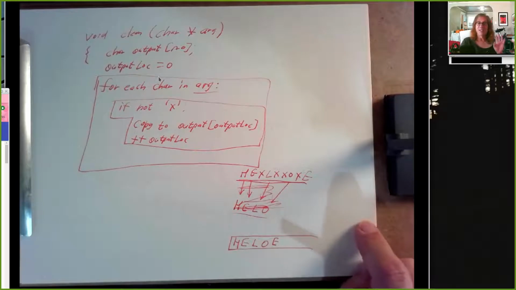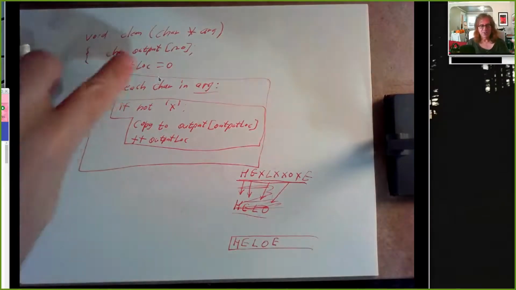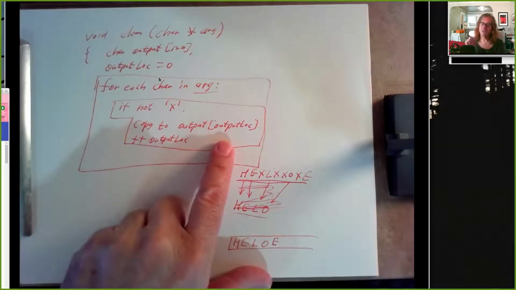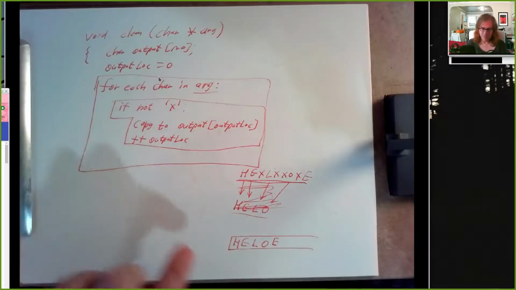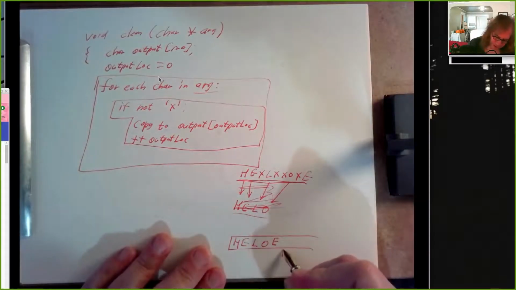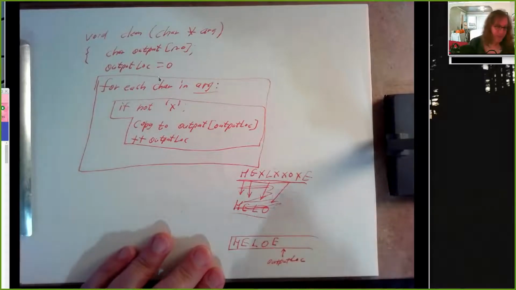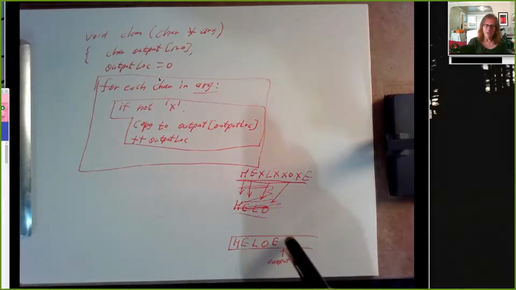Okay, and this is the edge case thing to think about, and there's different ways to do this. Output location is starting at 0. When we find a character to save, we copy it to output location, and then we increment. So output location is always one spot past our string. It's pointing to the next place we're going to store something.